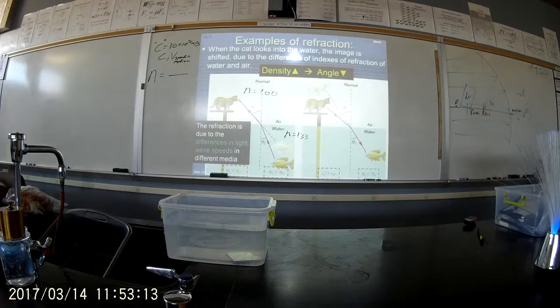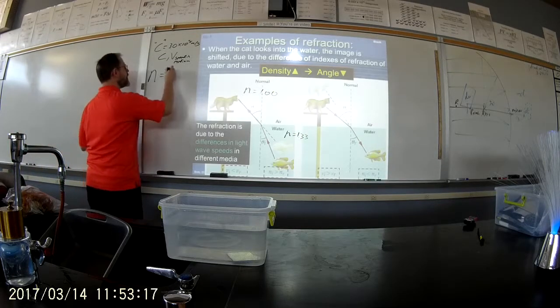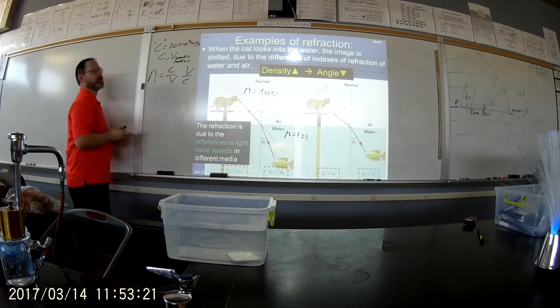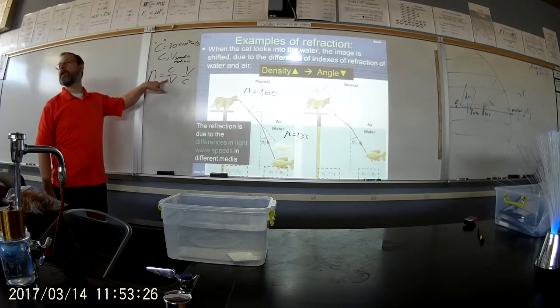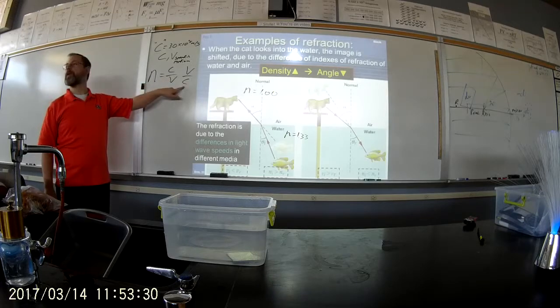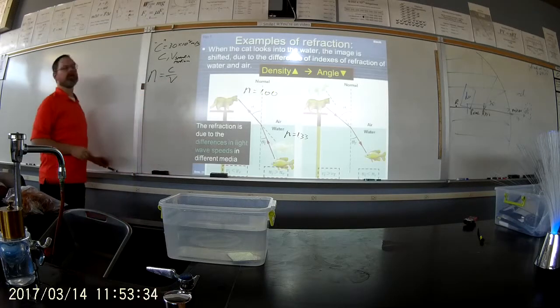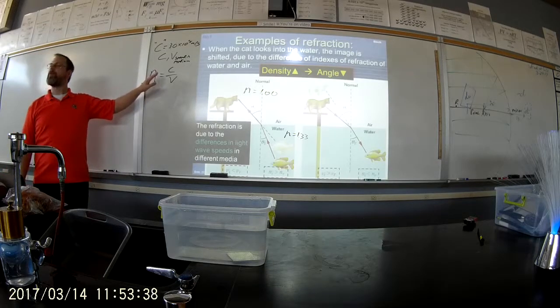Who says it's going to be c over v? 1, 2, 3, 4, 5, 6, 7, 8. Who says it's going to be v over c? Good. C over v. In other words, nothing can travel faster than c, and when things slow down, you get a smaller v.